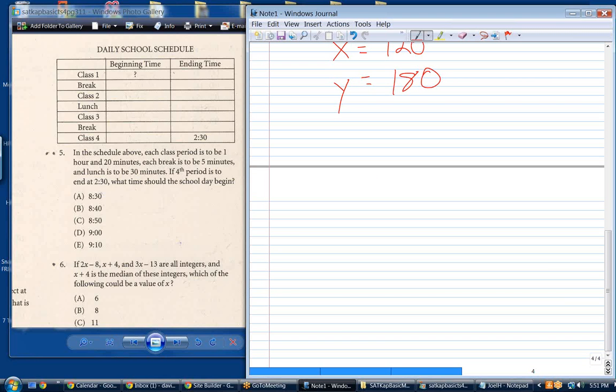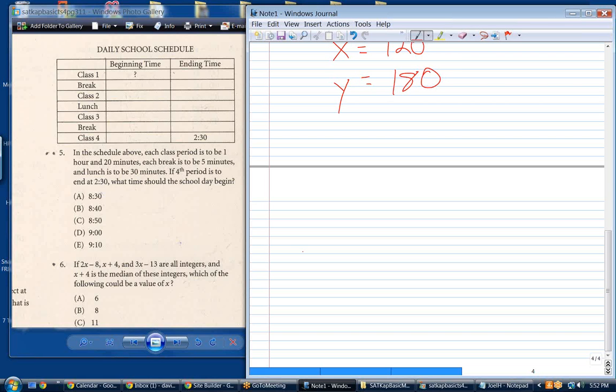What's one way we could do it? We just add the number of each one, so it'd be 5 times 2.